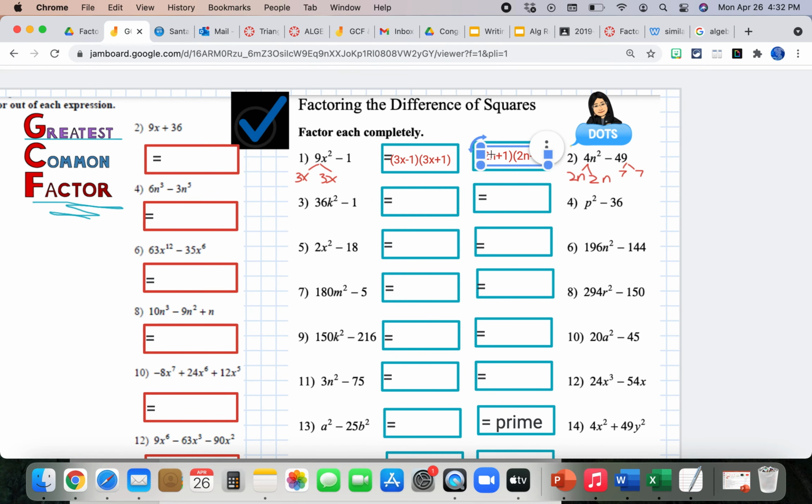Oops, I missed the first parenthesis over here. Okay, 2n plus 1, 2n minus 1. And you can always check by multiplying it in and seeing if you get back to this problem, 4n squared minus 49.